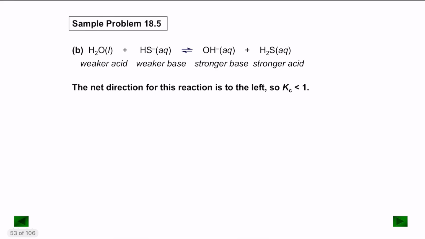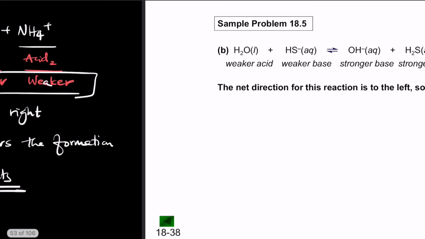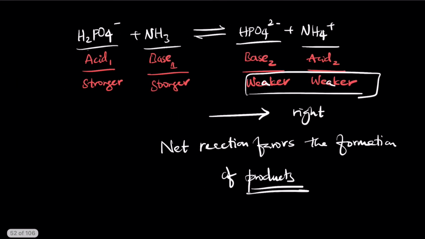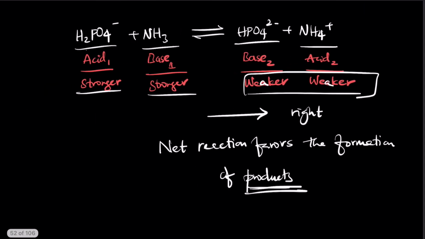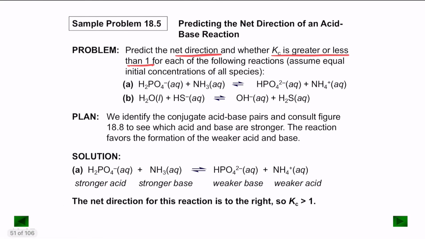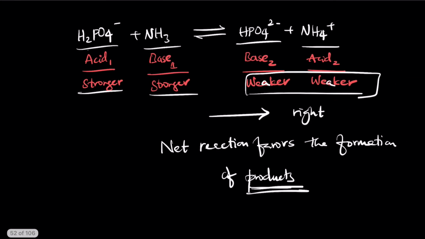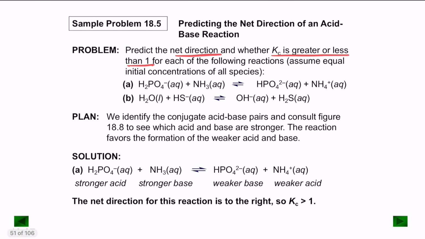That will give you an idea behind the reaction. Now, because the reaction is favoring the products, how do you write the Kc value right here? The net direction is to the right, which means that the Kc value is always going to be greater than 1.